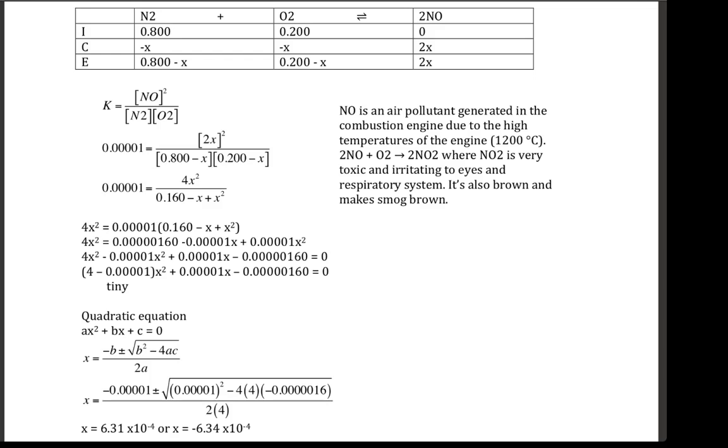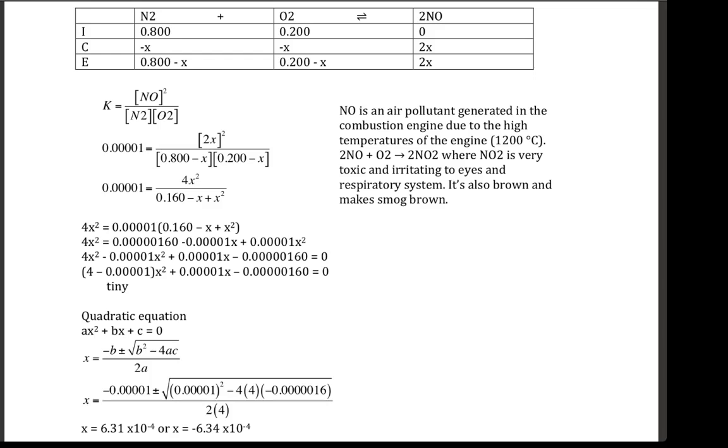Now, if the change, which is what x represents, is very tiny, perhaps x can be dropped with respect to the 0.8 and the 0.2, and that would make our algebra a whole lot simpler.